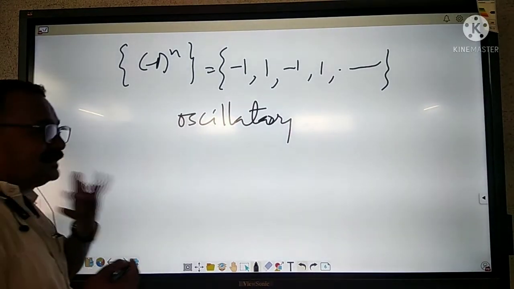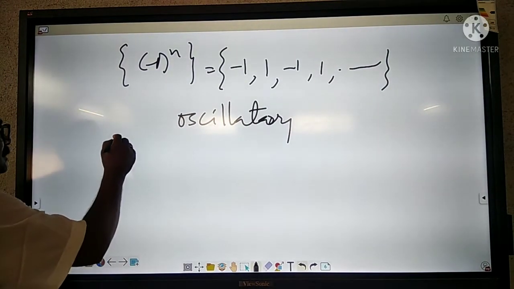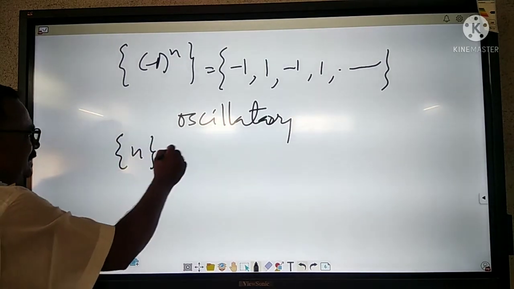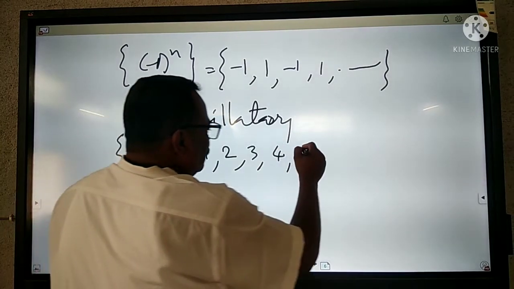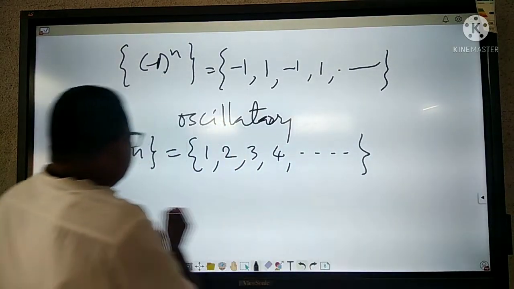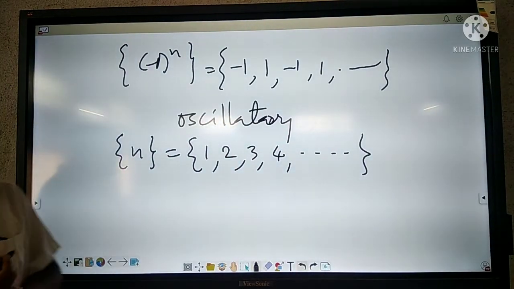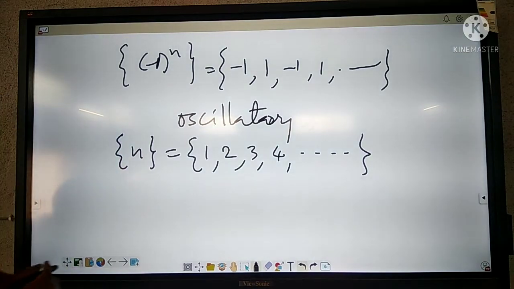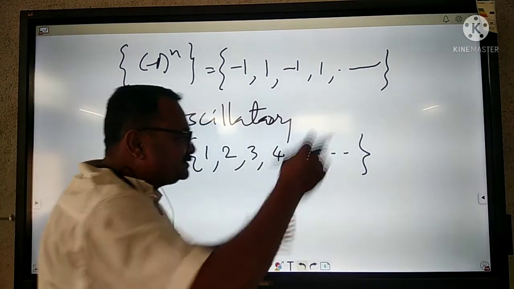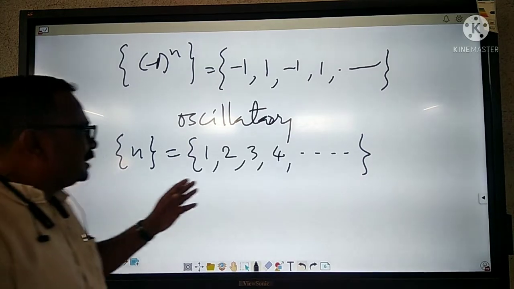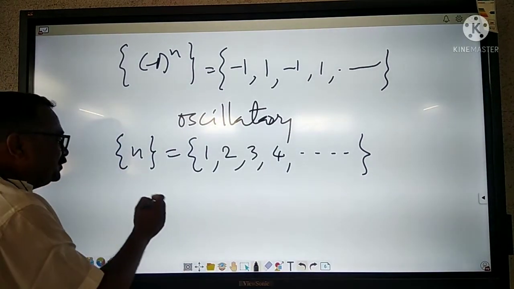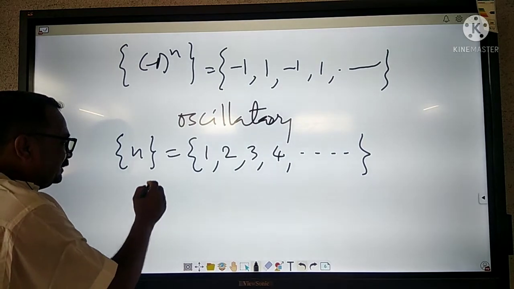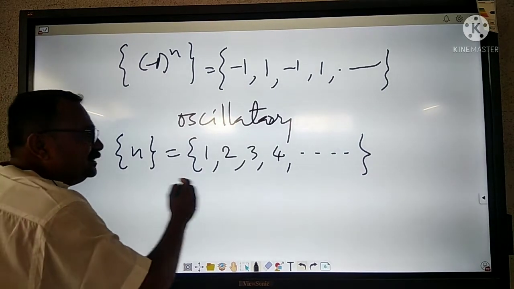Now see what is meant by divergence of a sequence. Suppose the sequence n, a simple example: 1, 2, 3, 4, 5, dot dot dot in this way. What is the limit of the sequence n? As the terms get larger and larger, the term of the sequence is also very large. So in this case we say the limit of the sequence is infinity.